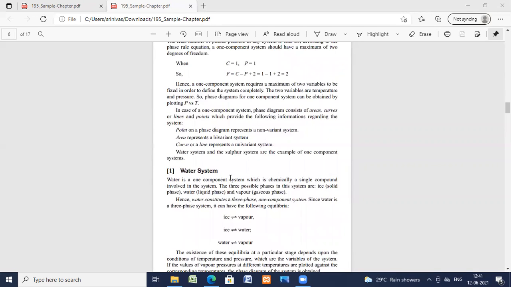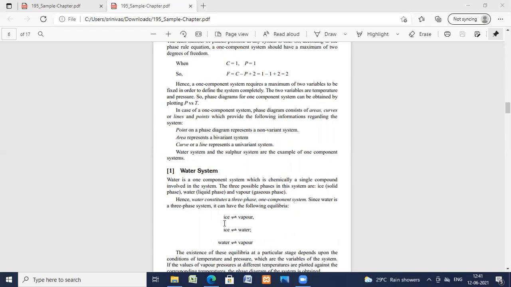Water is one of the systems in which chemically a single compound is involved. The three possible phases in the system are ice, the solid phase; water, the liquid phase; and vapor, the gaseous phase. Hence water consists of three phases, and the one component water system is a three-phase system.